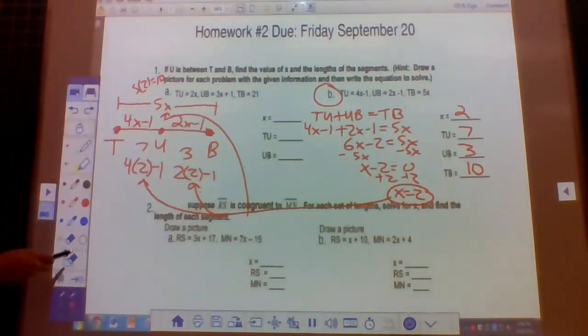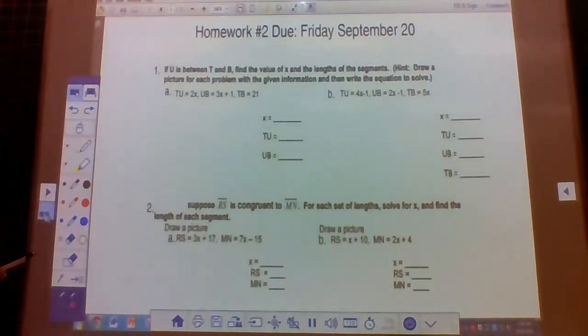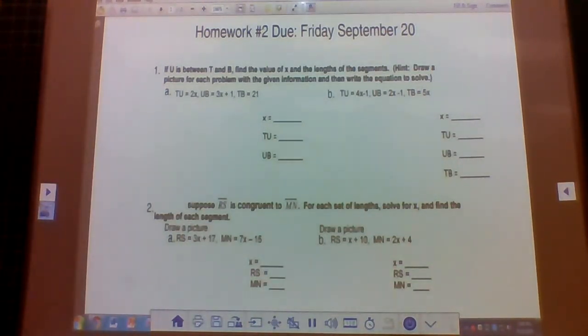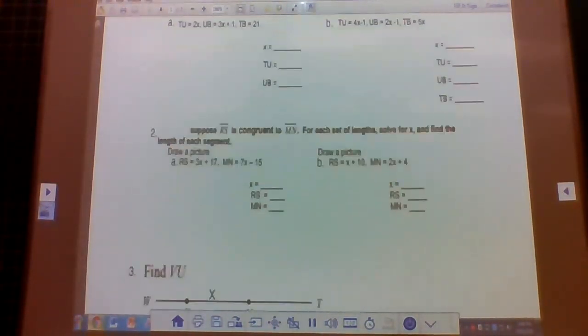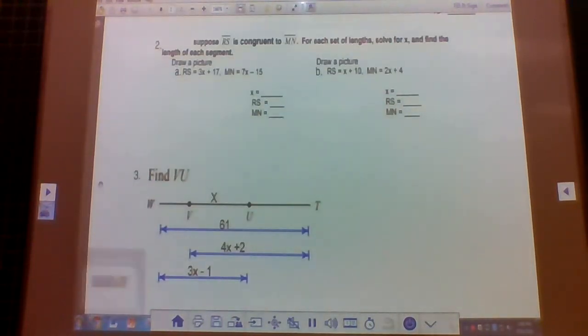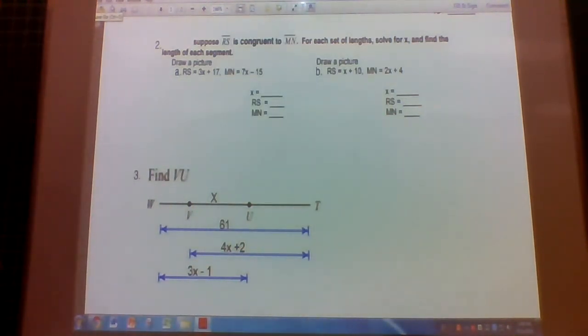Okay, let's go down to the one where we have congruent segments. So let's scroll down. Okay, suppose segment RS is congruent to segment MN. Okay, for each set of segments, solve for x and find the length.